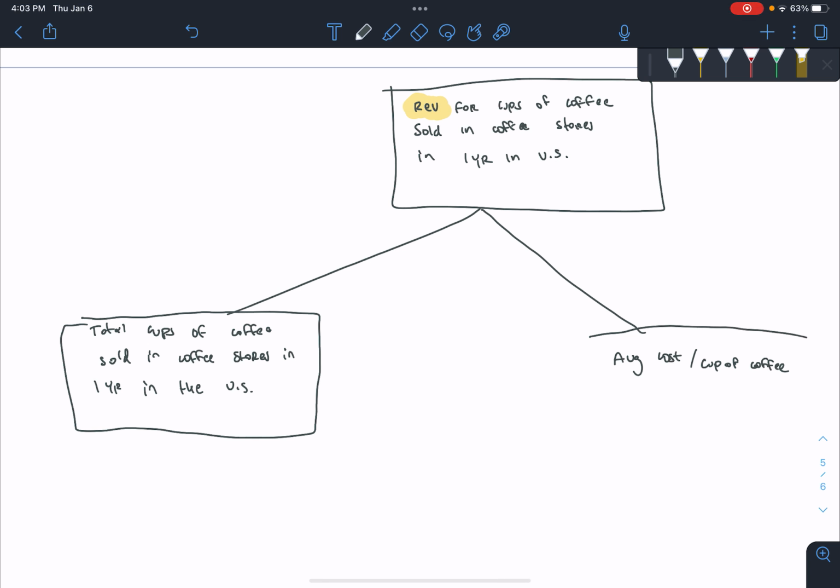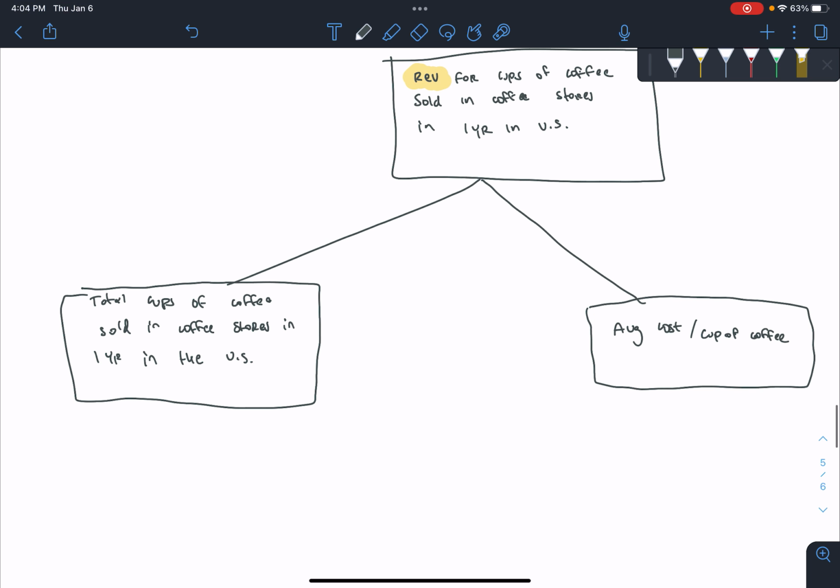Right? You'd agree that the revenue, the total amount of money generated from all these cups of coffee, is going to be the total number of cups of coffee sold in these coffee stores times the average cost for every single cup of coffee.